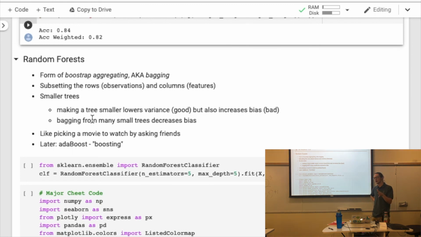So what might be a better method for me is to have 10 different friends that all have watched a different subset of the movies that I've watched. And then I get all of them to give me their recommendation of what movie I should watch, and then I just take pretty much the max poll. So I just take the max vote.